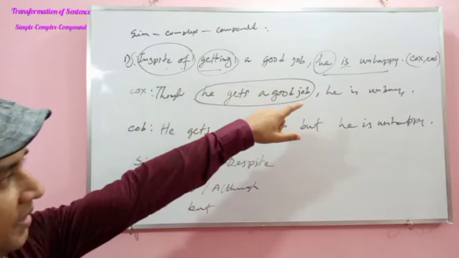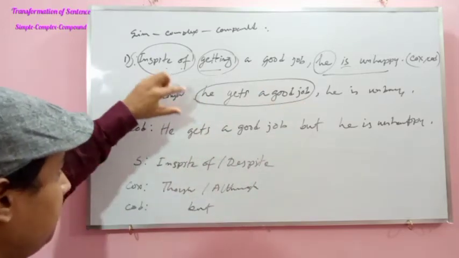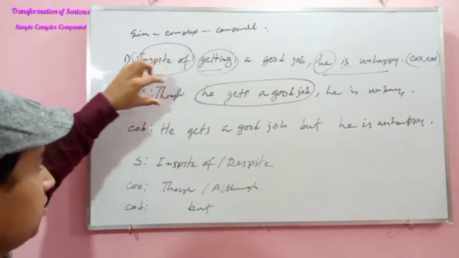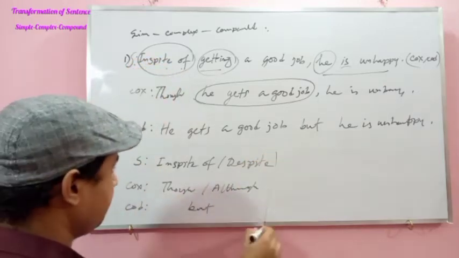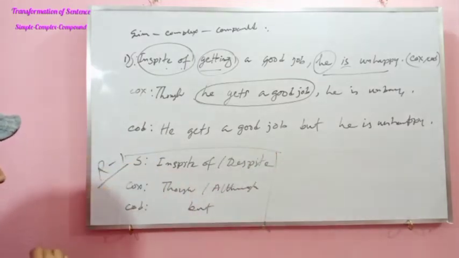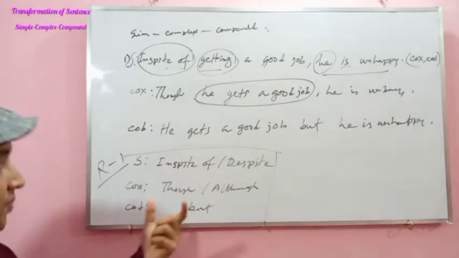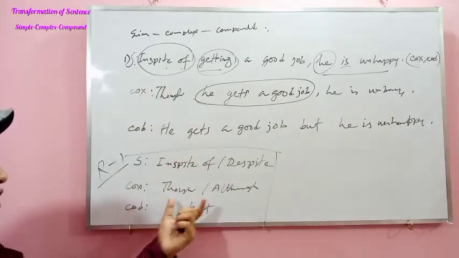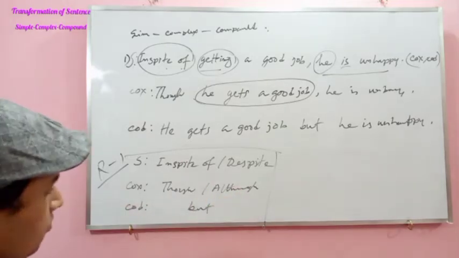You can also give it in the middle part, but it is best used in the first portion of the sentence. Okay, this is the technique. First technique, or R1, rule number 1. When you find in spite of or despite in a simple sentence, you will give though or although in complex and but in compound sentence.